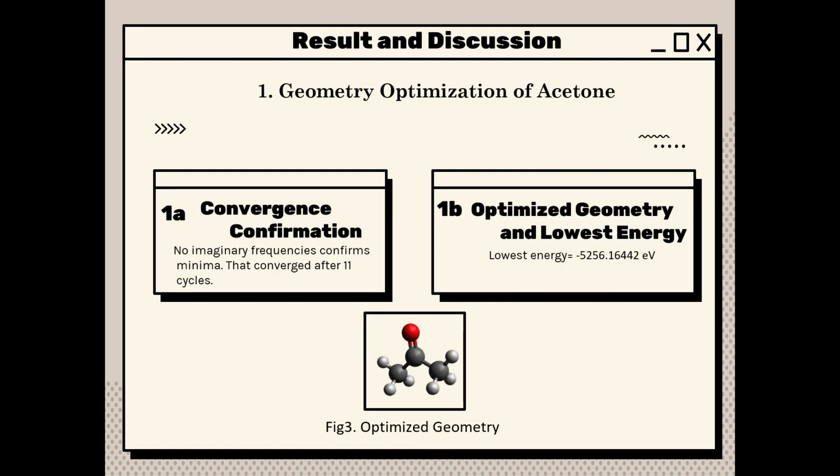Again, the geometry optimization was conducted for acetone, and its geometry was optimized over 11 cycles, also showing no imaginary frequencies, which confirms the convergence. The minimum energy for the molecule was found to be 5256.16442 electron volts.